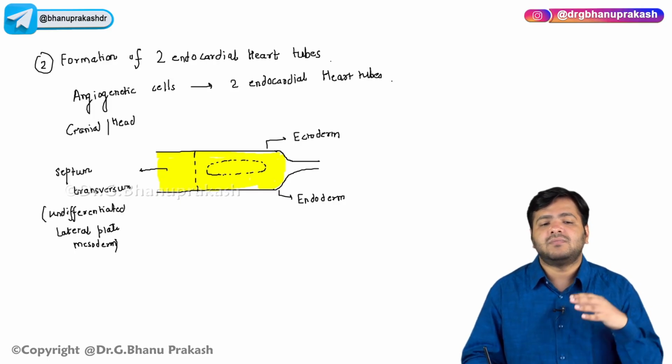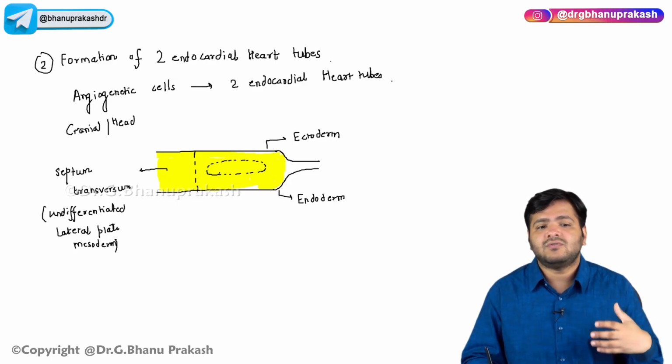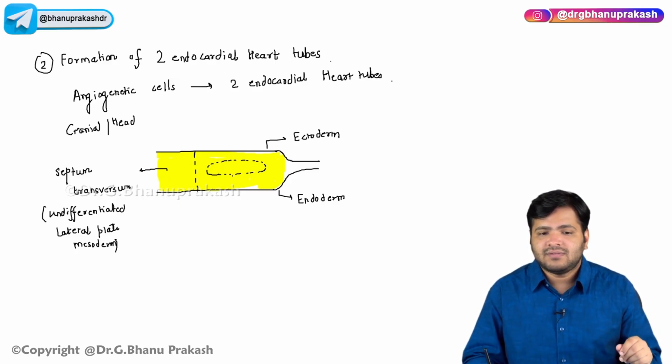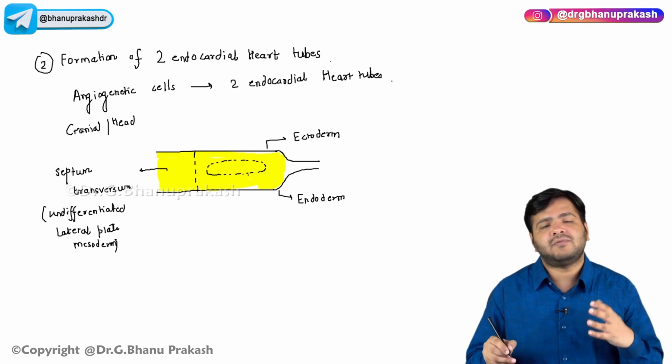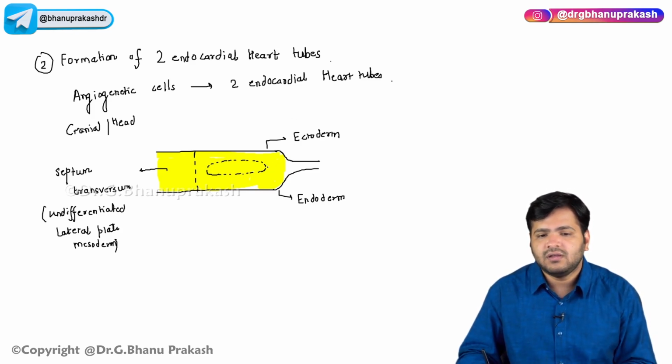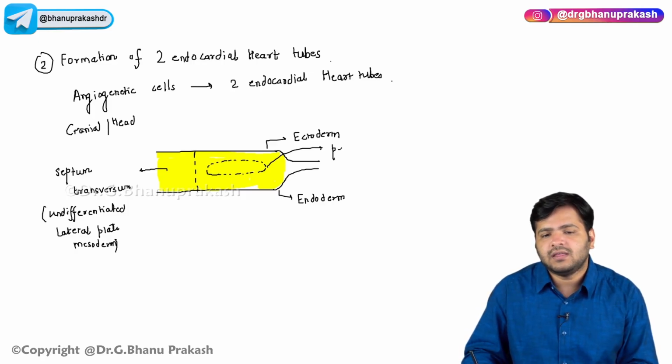So these are the mesodermal cells only, the angiogenetic cells. They will start secreting secretions and there will be formation of this cavity, which is called the pericardial cavity.